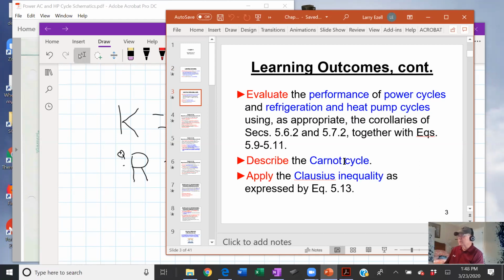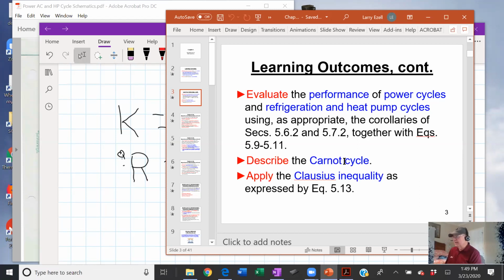Then the Carnot cycle, which was developed by who? Yeah, Mr. Carnot, you're right. And when he did, he came up with the most efficient thermodynamic cycle possible. And he reasoned out that it was dependent on the TH, the temperature of your hot reservoir, where you're getting the heat from, and then the ratio of that to your TC, or T cold, where you're ejecting the heat that you cannot turn into power.